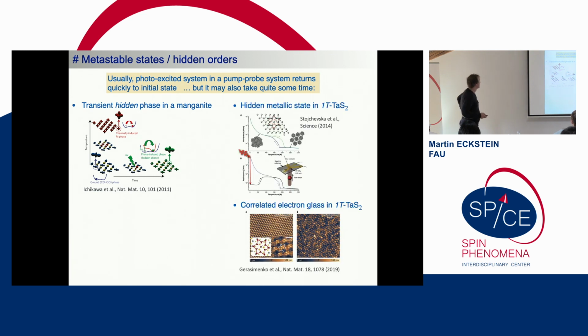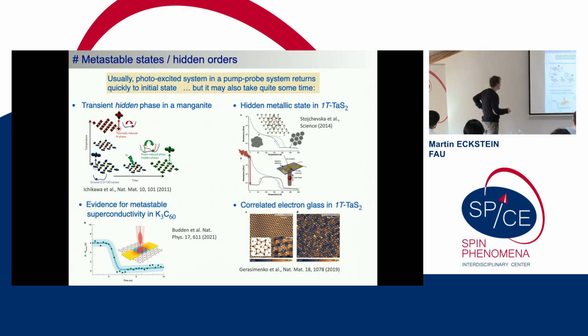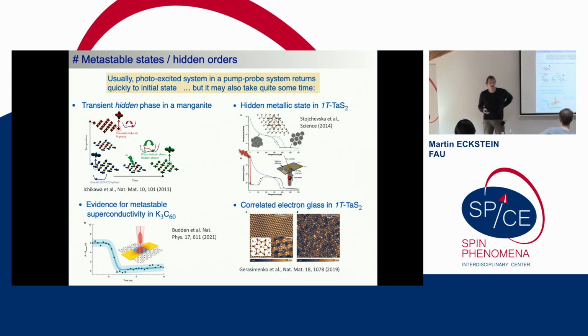And there's another observation of a set of hidden states which are reached on ultra-fast timescales in this material tantalum disulfide, where a single laser pulse can switch the material from insulating to metallic behavior, also to amorphous-like states, and I think we will have a talk on this right after me, so I don't have to talk much about this. And also the observation of possible light-induced superconductivity in these K3C60 compounds is actually a long-lived phenomenon which can be observed on an almost nanosecond timescale, which is quasi-infinite on the electronic timescale.